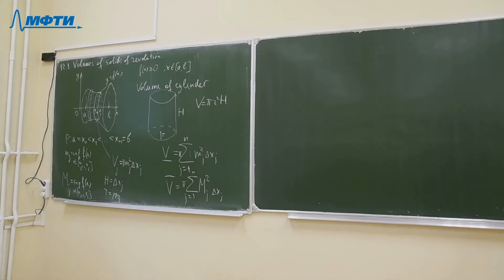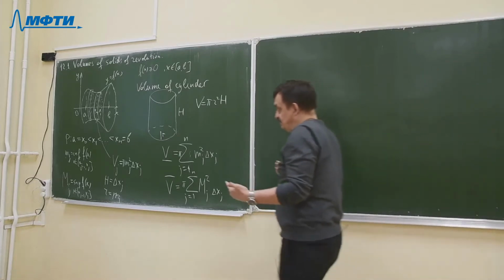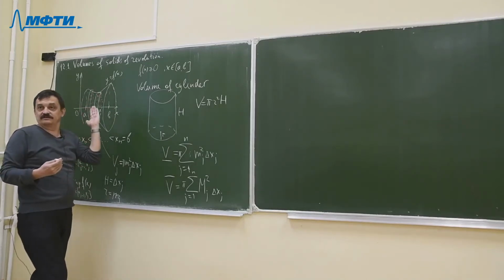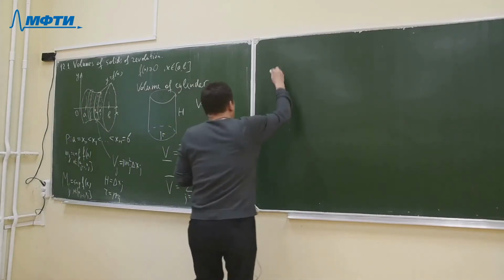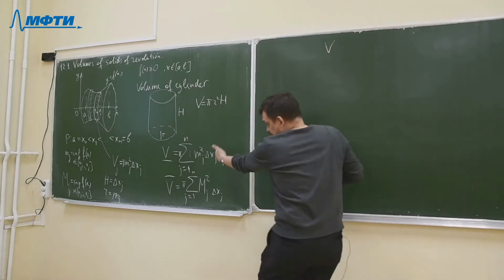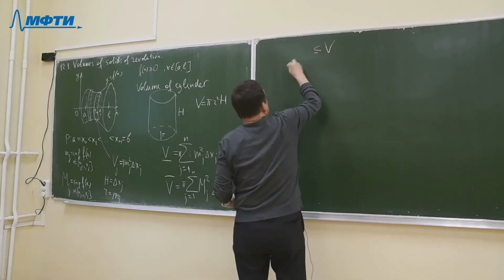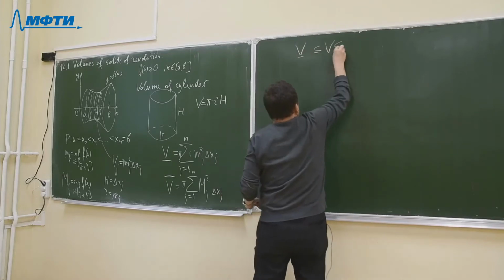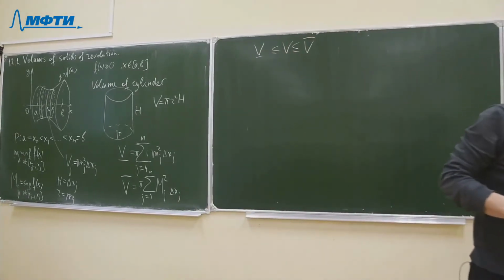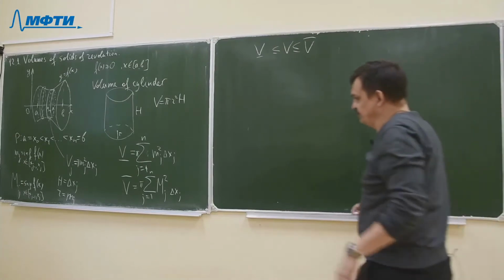Then, I don't know what the volume of our solid is, but obviously, from a geometrical point of view, the volume of our figure which I want to find is in between V underlined and V overlined.